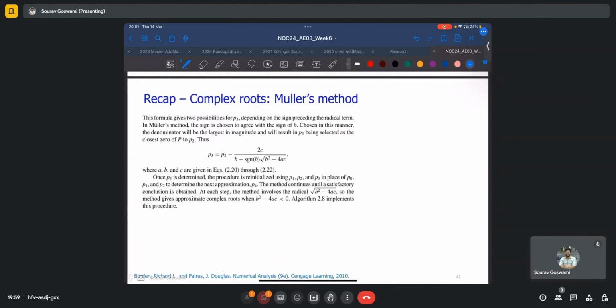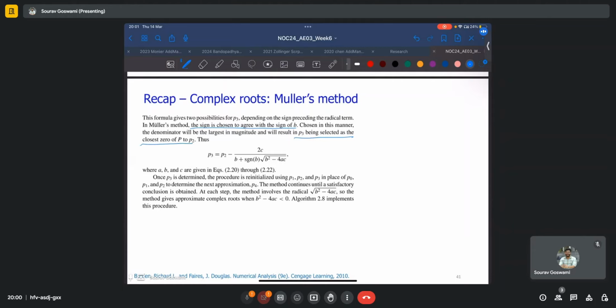In Mueller's method, the sign is chosen to agree with the sign of b. So this is, say, a convention or a manual choice. It is not unambiguously implied by the method in some fashion. The sign is chosen to agree with the sign of b, and when chosen in this manner, the denominator will be the largest in magnitude and will result in p3 being selected as the closest zero of P to p2.